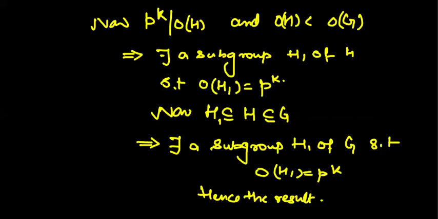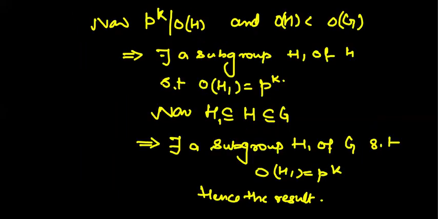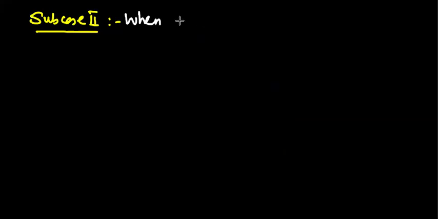Now we will consider the case when p^k does not divide the order of H, subcase 2. Here we will talk about the normalizer and the class equation.